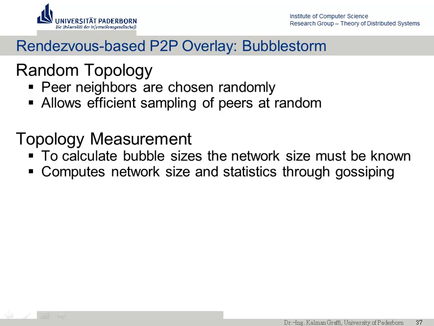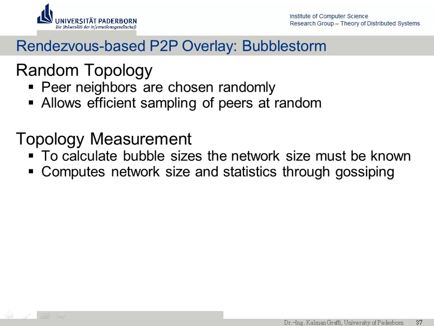So what else is in this protocol called BubbleStorm, using the rendezvous-based idea? BubbleStorm, like Gnutella and the other overlays, uses a random topology. So the neighbors are chosen randomly, and that also helps in maintaining the network because you're not really caring where you are and to whom you are connected, so it's just random.